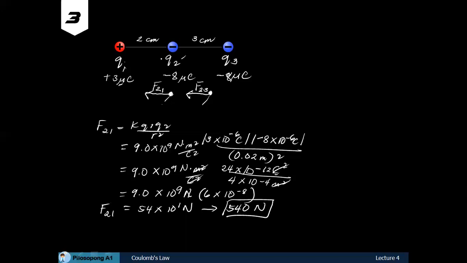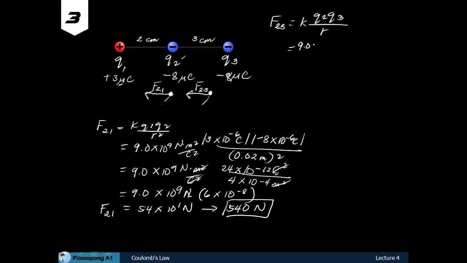How about the force of Q3 on Q2? Let's write it on top. That is the force experienced by charge 2 due to 3. So we get an equation of K, Q2 times Q3 over r squared.